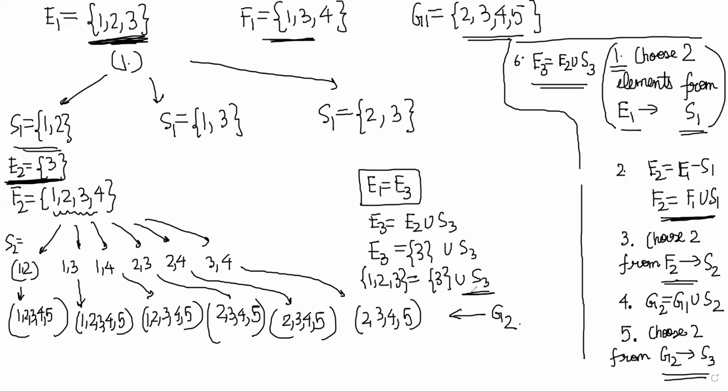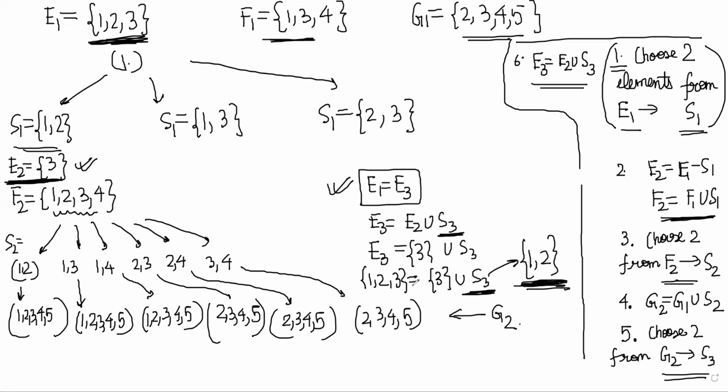So that means that S3 should be 1 and 2, right? Are you understanding what I'm saying? Because at the end, my E1 and E3 should match. I already know E2, which is 3, and I already know E1, which is 1, 2, 3. Therefore, S3 should be 1 and 2, right?